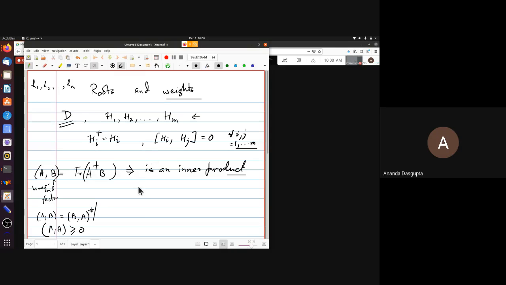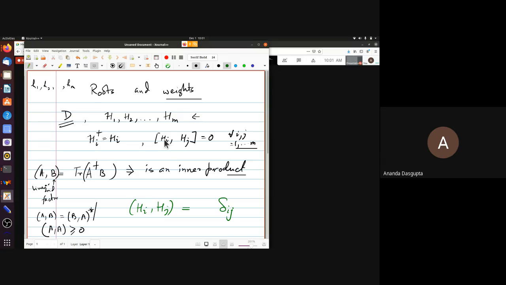And the normalization that is chosen, you could have chosen it like this. After all, remember, since H1, you have M generators, right? These are basis vectors for the Cartan subspace.